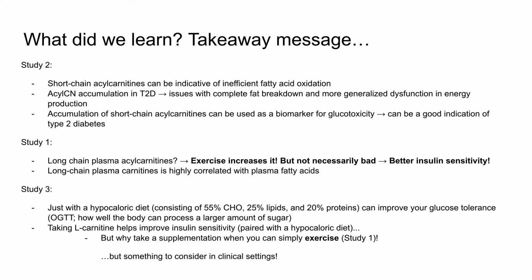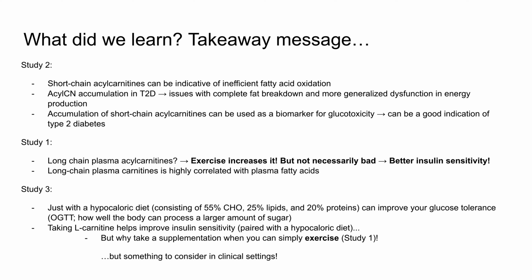Even though high plasma acylcarnitines is seen as a hallmark of type 2 diabetes and insulin resistance, it might be just the short chain acylcarnitines that is the main issue, because it is also indicative of inefficient fatty acid oxidation.